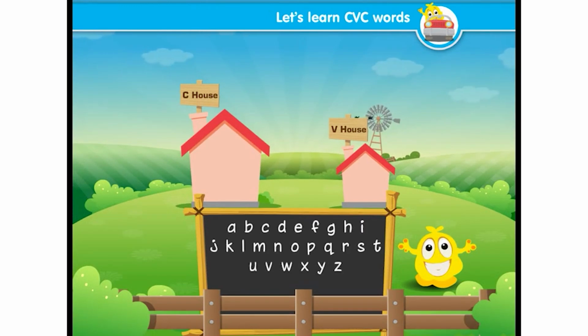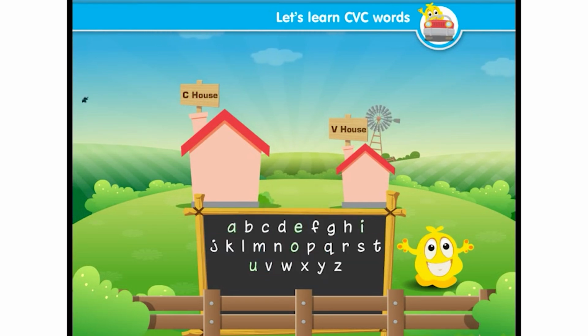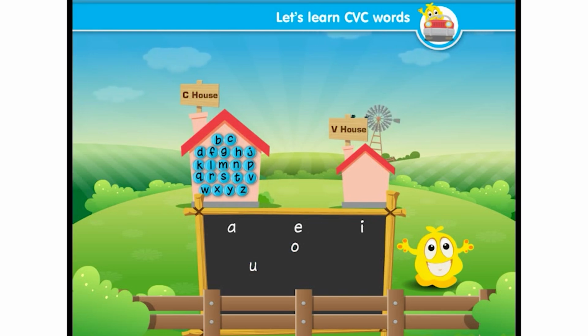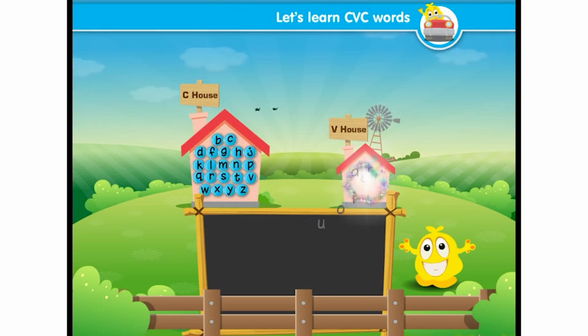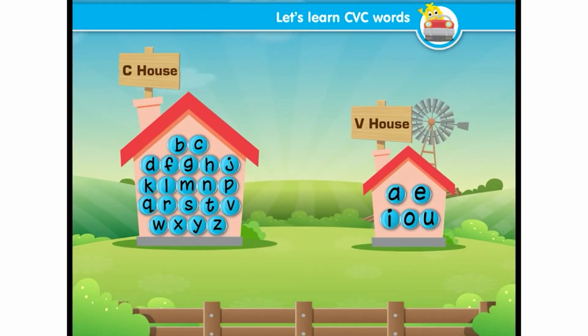Among 26 alphabets, 21 are little quiet, but the rest 5 are talkative. So, 21 move into the bigger house and the rest 5 go to the smaller house. As I said, they are little talkative.